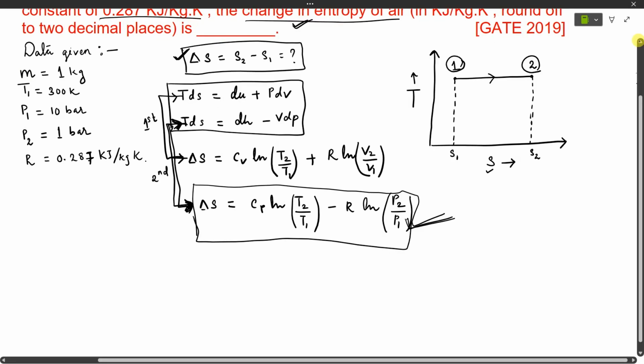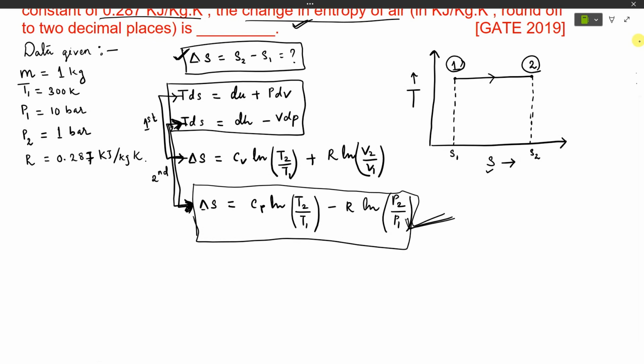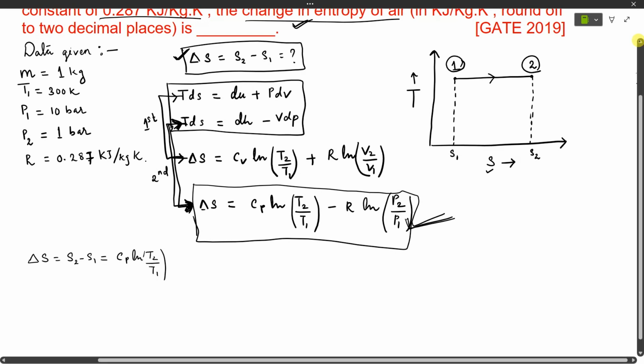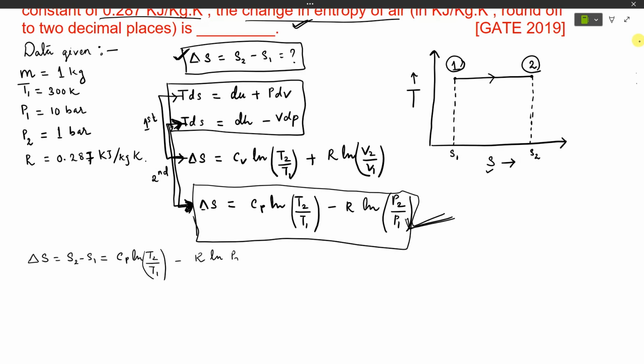So let's write down again the change in entropy, delta S equal to S2 minus S1, which is equal to Cp ln T2 by T1 minus R ln P2 by P1.